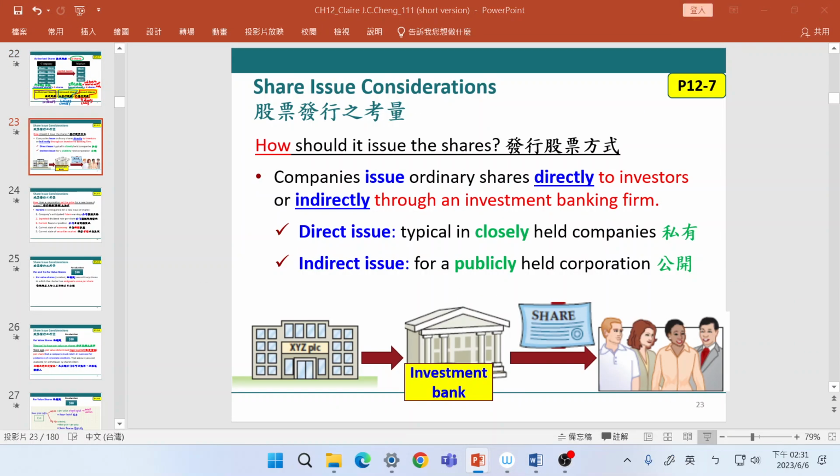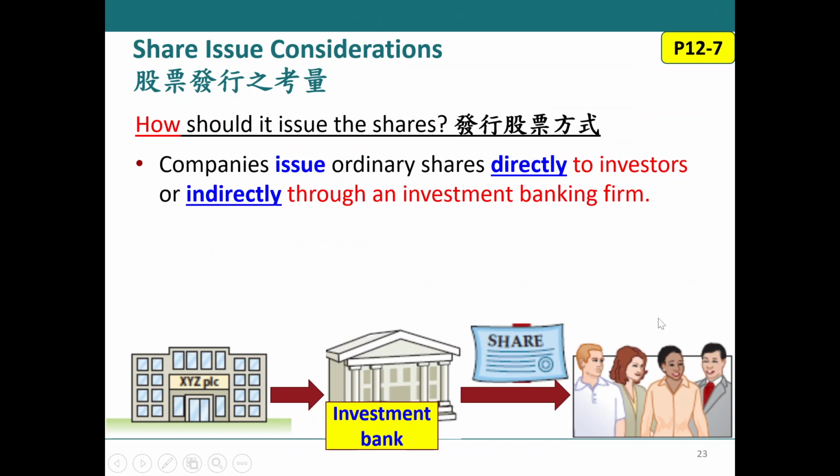So please go to your slide, page 23. Slide 23. Second issue, I want to tell you how your company could issue the shares to investors. Usually, when we want to get the money, right? How do you get the money from investors? Two ways.